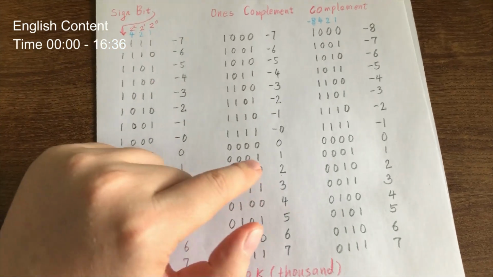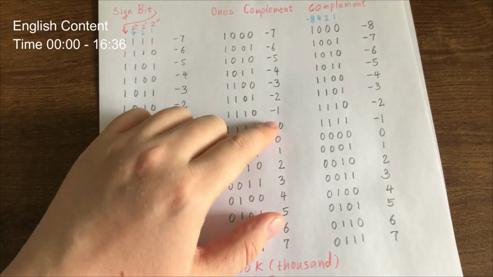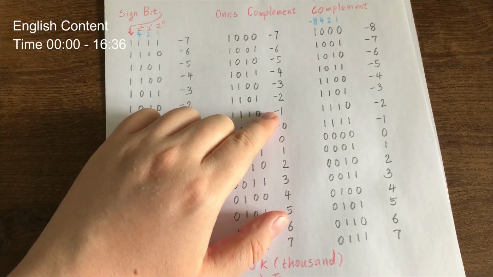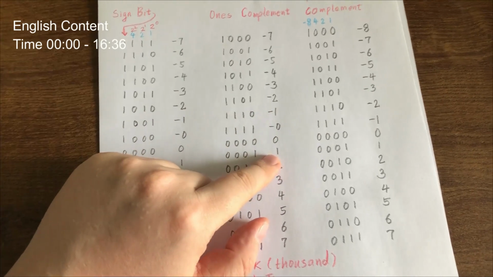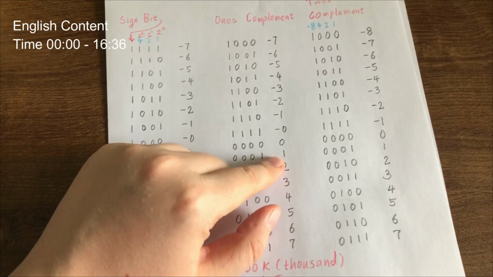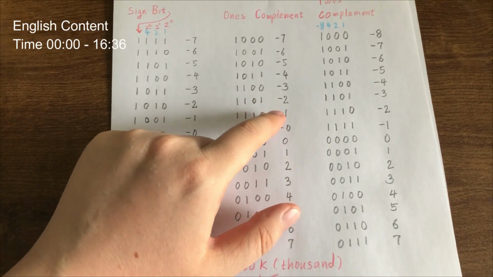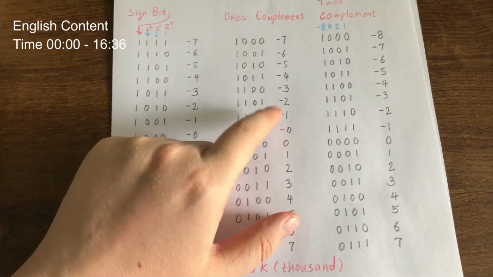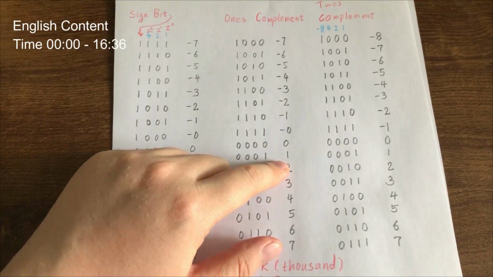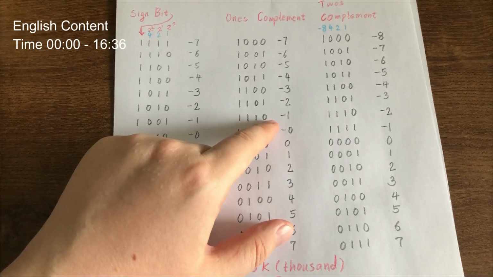So if 1 is added to -1, that means 0. If 1 minus 1, that means 1 plus its ones' complement.